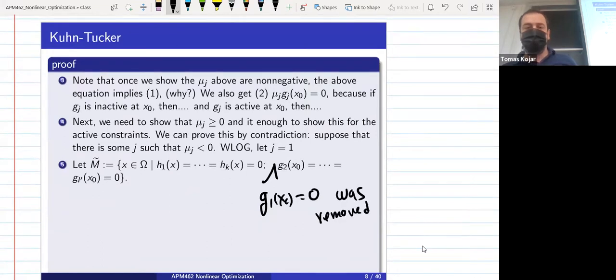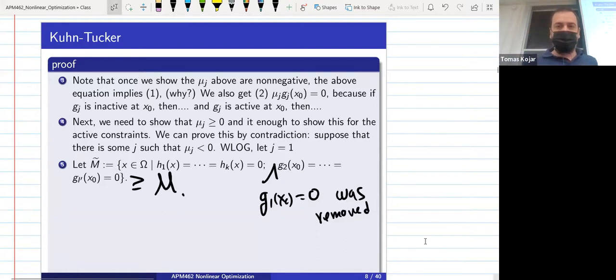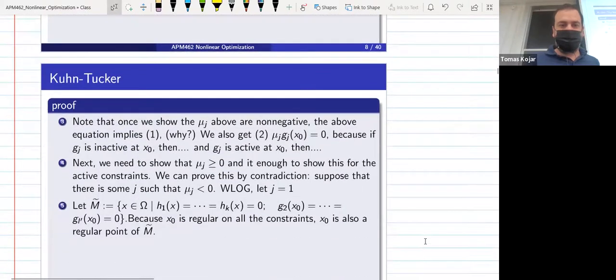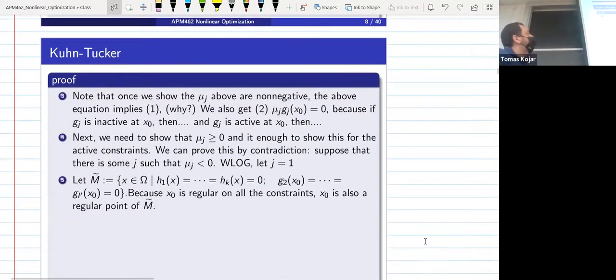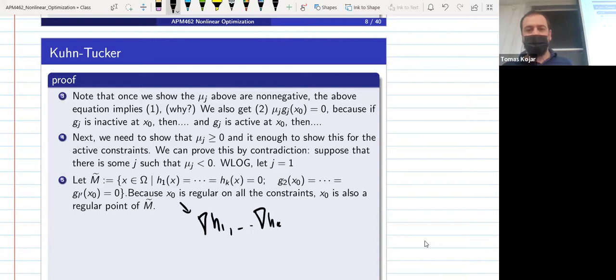In a sense, it contains M, our other surface, right? X naught regular meant that all your gradients were independent. So gradient H 1 to gradient H K, and same thing, G 2 to G L prime are linearly independent.